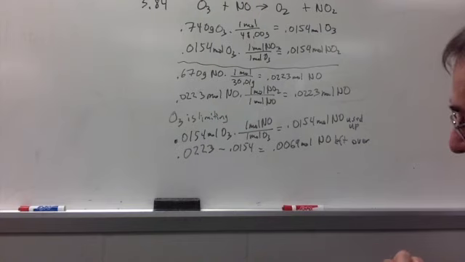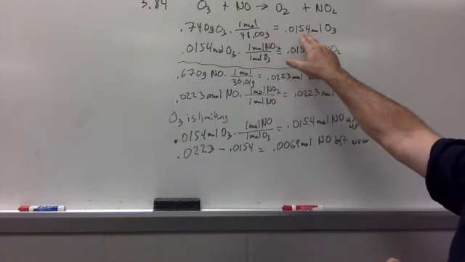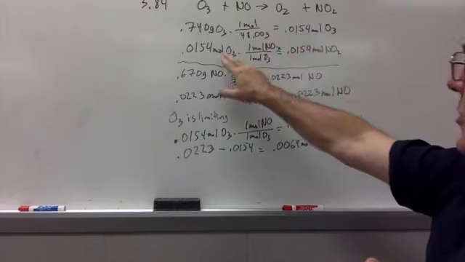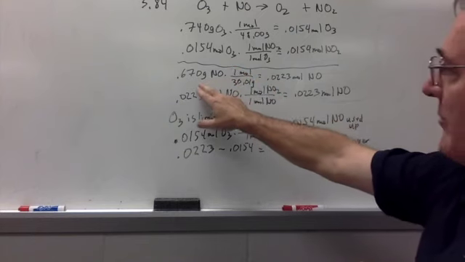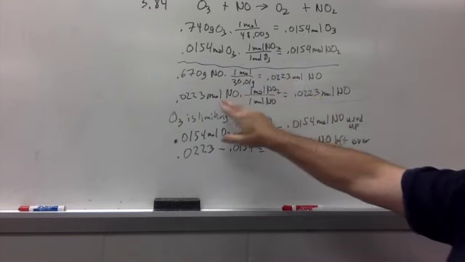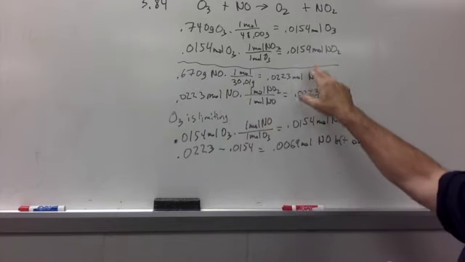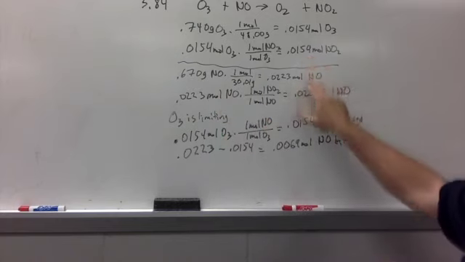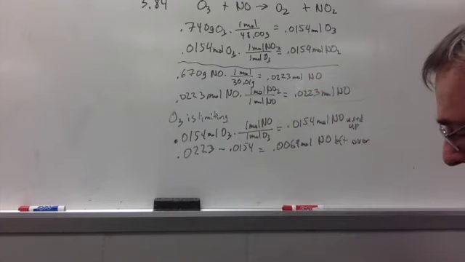So what we need to do here is change grams of O3 to moles, change moles of O3 to moles of NO2, then take the grams of NO, change that to moles, and then change moles of NO to moles of NO2, and notice that the O3 makes fewer moles of NO2, so O3 is limiting.